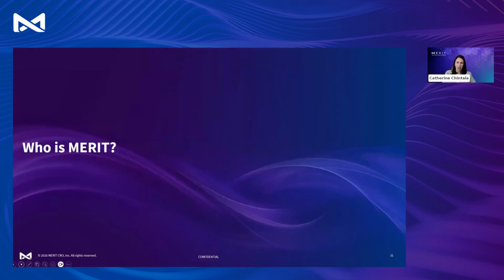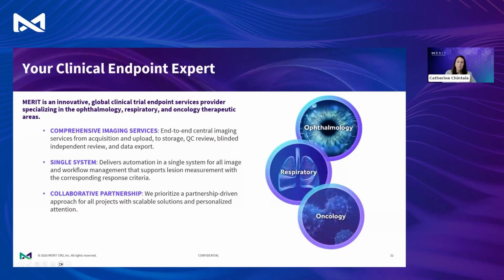So who is Merit? Merit has served biotech and pharmaceutical companies in their clinical endpoint analysis for over 14 years with a team of medical professionals and seasoned operational support staff. Our company originally started in ophthalmology, but it has expanded to include oncology and respiratory therapeutic areas as well.